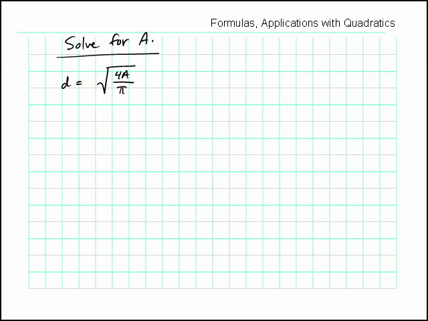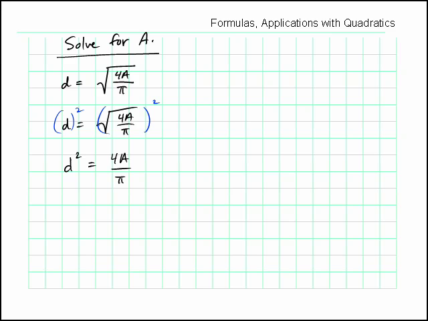Now the first step on this one is to eliminate the square root, and in order to do that I will have to square both sides. Let me rewrite it here for you. Squaring both sides, like that. The left side is d squared. The right side, the square root and the square cancel away and leave you with 4A over pi.